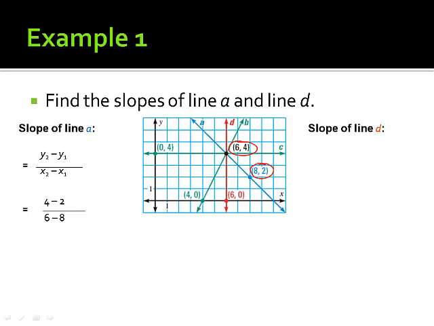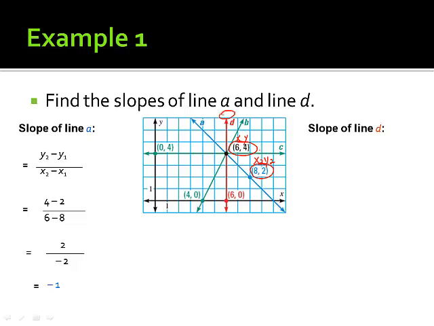I do 4 minus 2 for the y values, over 6 minus 8 for the x values. Keep it in fraction form if it doesn't simplify, or if it simplifies to a whole number, you can keep it as a whole number. So this particular one is negative 1.